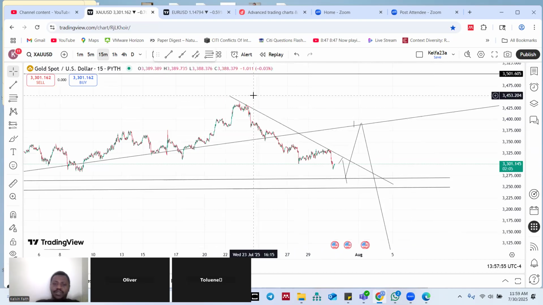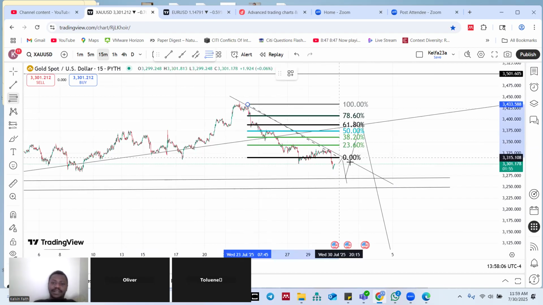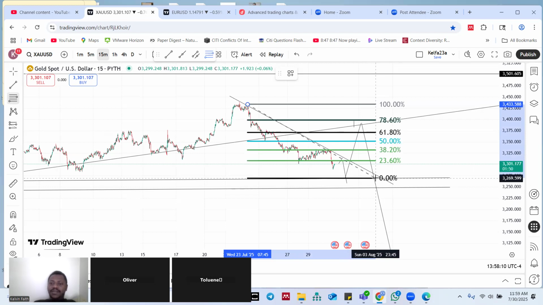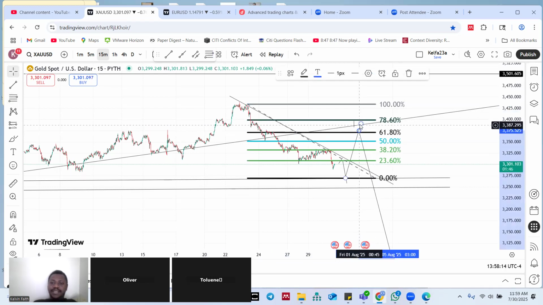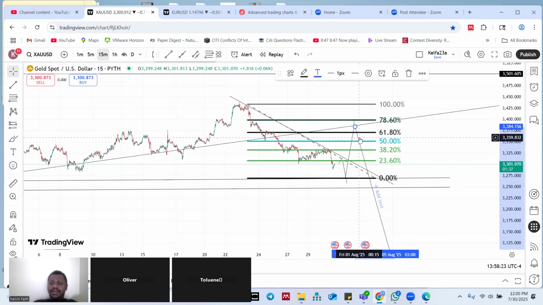Because gold also has been impulsive on the sales and has left fair value gaps, it has to trade at some point. It has to give a balance or a fair price for market players to join the market. So we will need gold to move up into the premium or equilibrium.